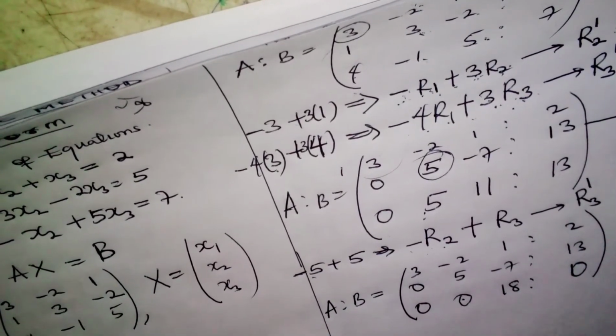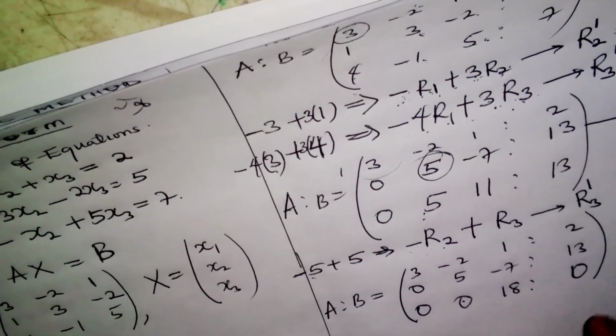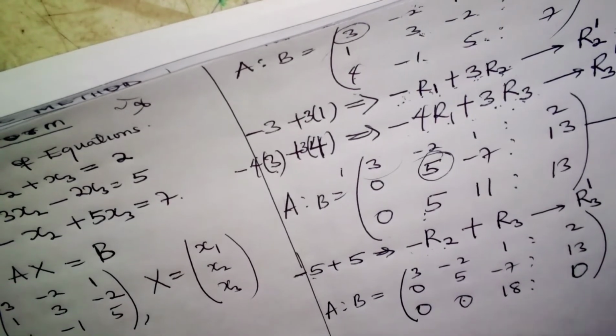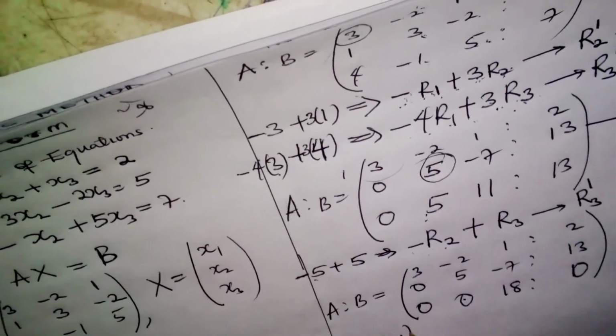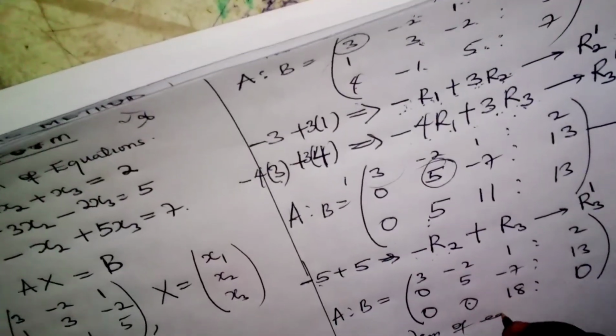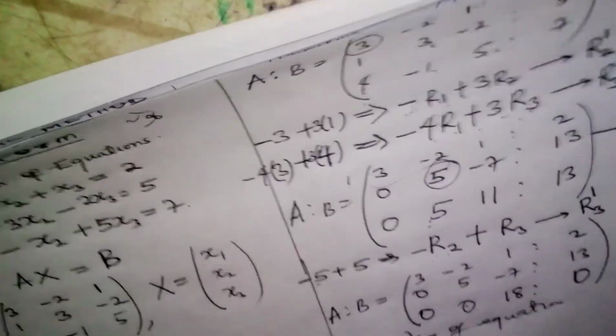So which means at this stage, we have been able to reduce this matrix to what we call the echelon form. Then the next thing is to transform the system of equations to this problem.